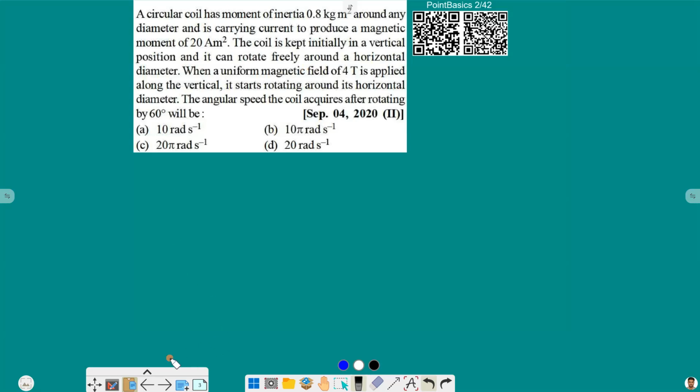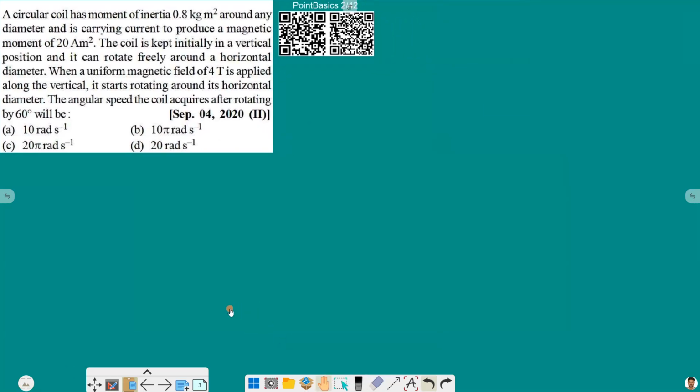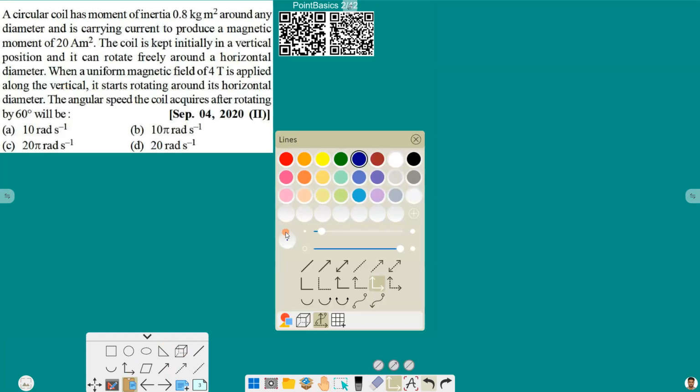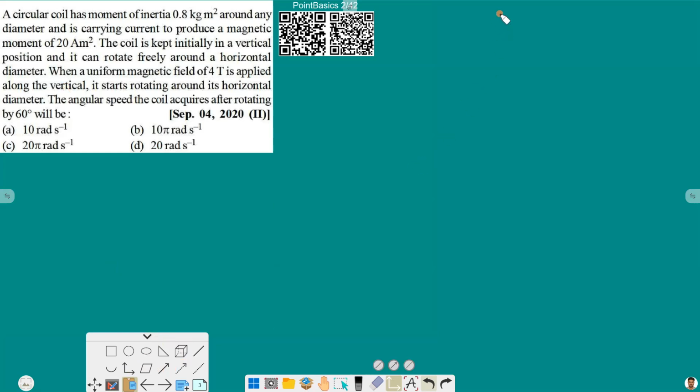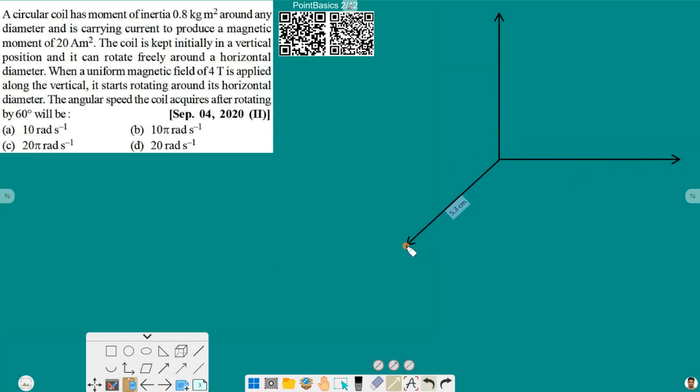First of all, let's draw a diagram for this question, then we will be able to understand it better. The magnetic field is applied along the vertical, so we can say the magnetic field is along the y-axis. So let's draw axes. These are x, y, and this is the z axis.